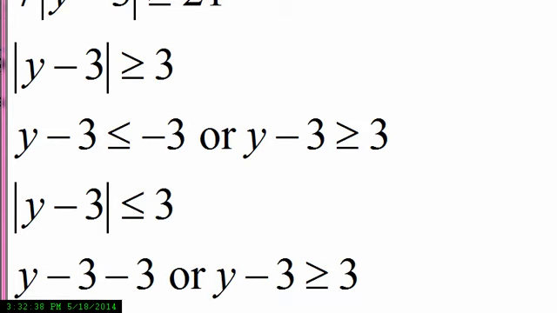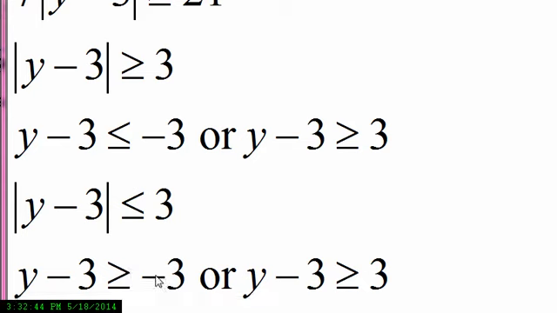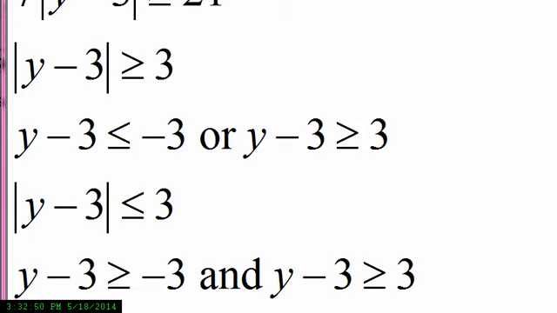Instead of being less than or equal to, we would reverse it. It would be greater than or equal to. And again, the sign here would be the opposite. And then the connector would be and. And then the second child from the absolute value inequality becomes y minus 3, the same symbol, less than 3.